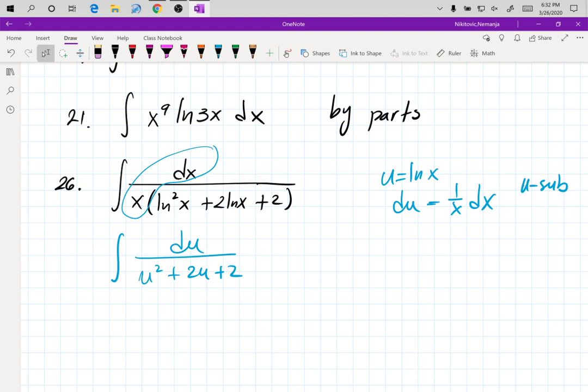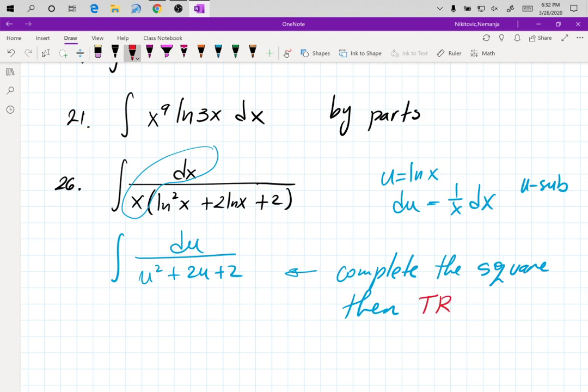So, once we complete the square, the next step is your favorite trig sub, right? Then you go and do the trig sub afterwards.